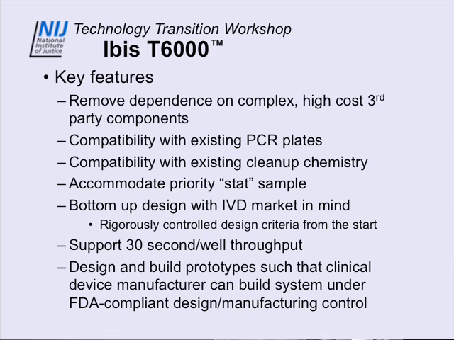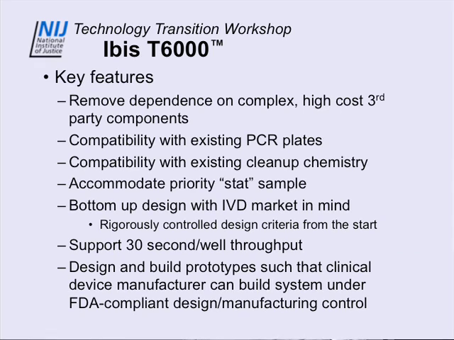It's the same chemistries exactly that we're using. It's had a bottom-up design with the in vitro diagnostics market in mind, so a lot more attention is paid to having a quality system, having a design history file, quality manufacturing organizations, and so on. This will support 30 seconds per well, so it's got twice the throughput of the T5000, and it will be built by a third party that's an FDA-compliant clinical manufacturing device company.